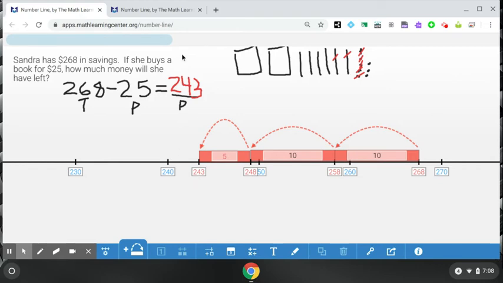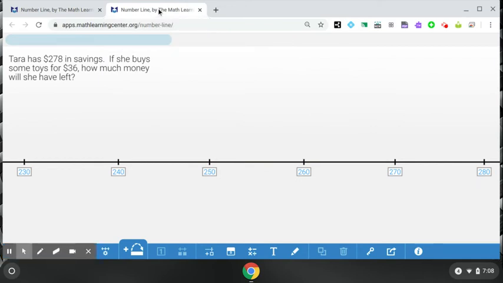Okay, let's take a look at another example to see how subtracting on the number line looks a lot like base 10 blocks. In this story, we have Tara has $278 in savings. If she buys some toys for $36, how much money will she have left? And if I write a number sentence for this story, I know that she has $278 in savings.